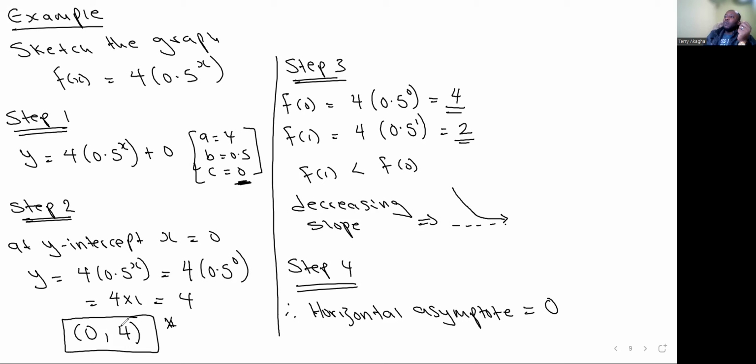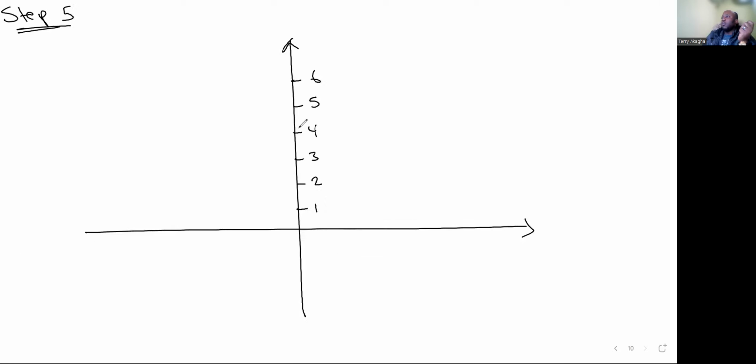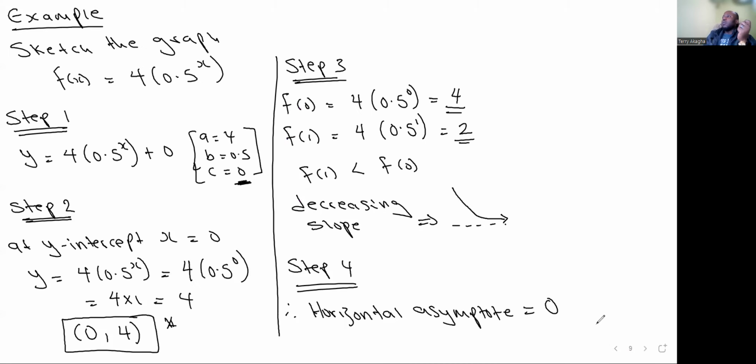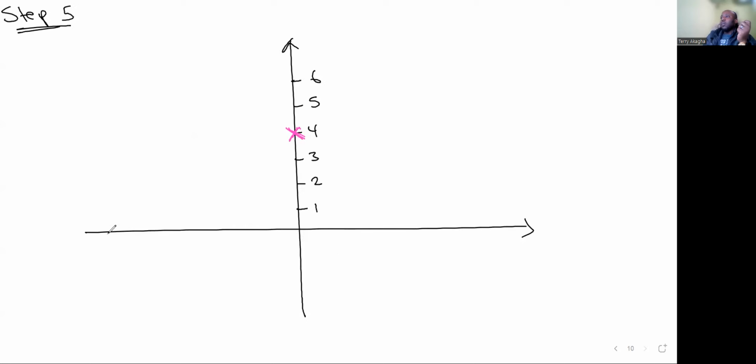So here we know the y-intercept is at 0 and 4, so we're expecting it to be here. This is the y-intercept, 0 and 4. Then the next thing is that we know the asymptote is at 0, so we're expecting the asymptote to be on the x-axis because it's 0.